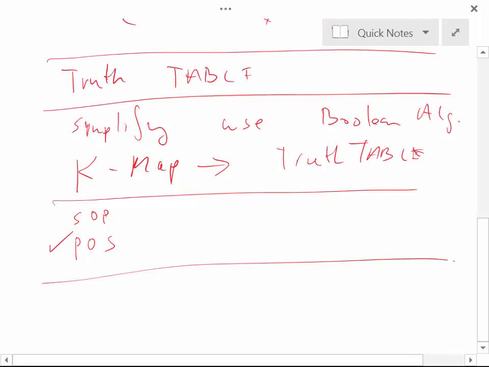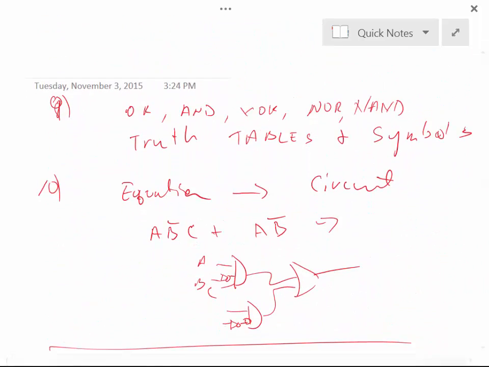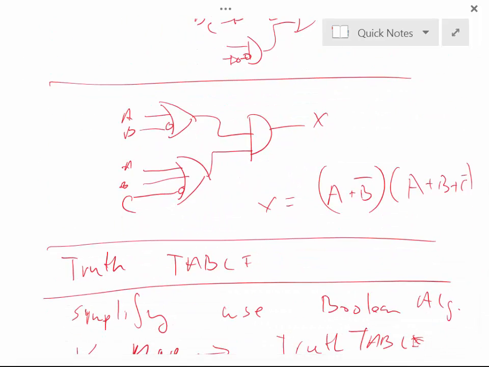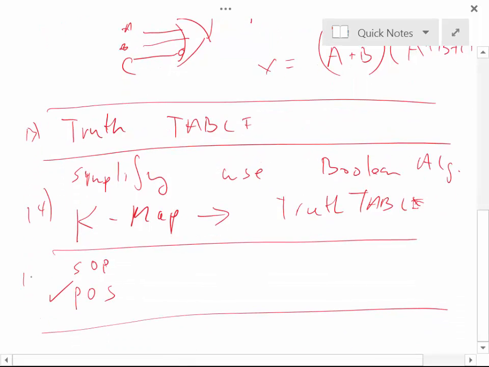I listed all the topics that could be there, and I had 10, 11, 12, 13, 14, and really 15. So I have 15 different subjects that I can ask questions on.